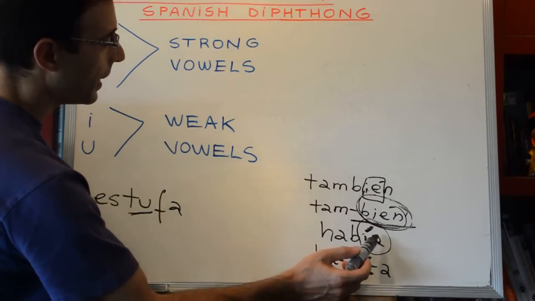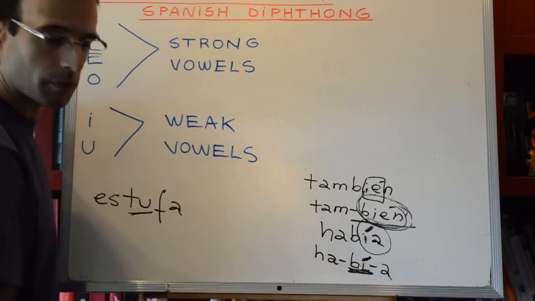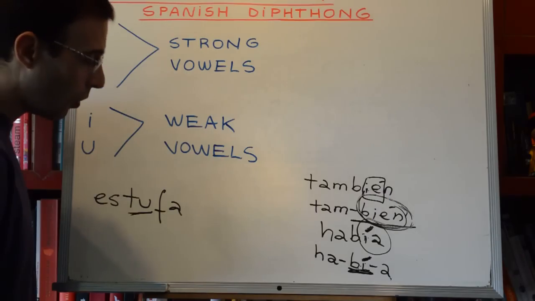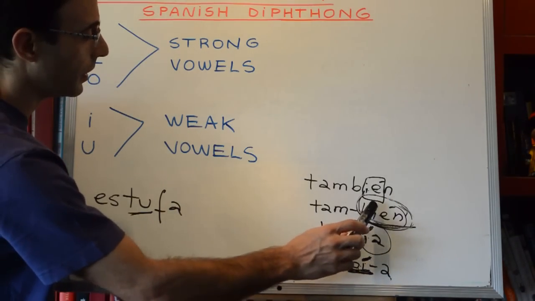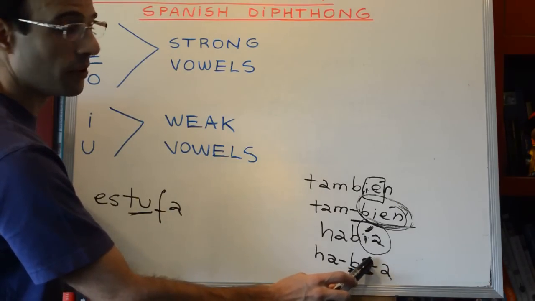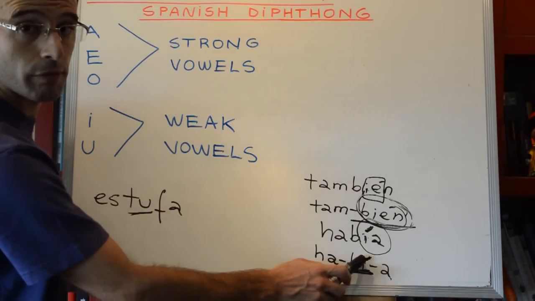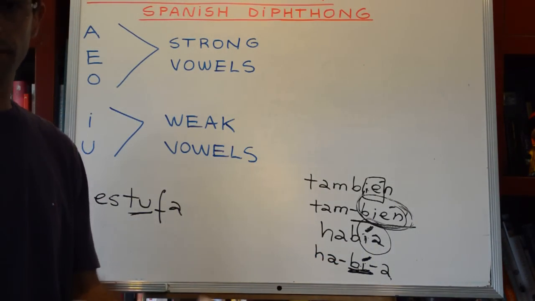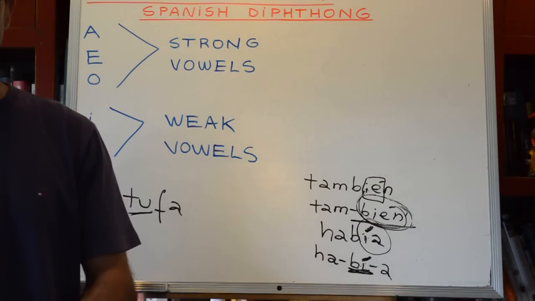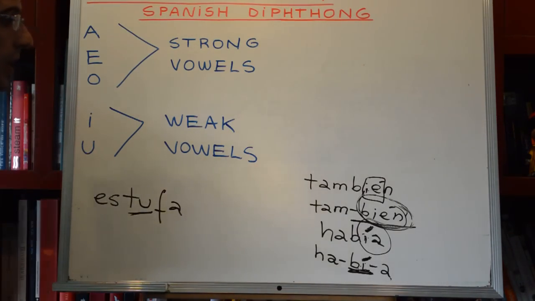So, I and A are separated in two different syllables, right? Why? Because we have two strong vowels together, right? I with tilde and A, and the first one of both is a stressed vowel, right? It has the accent, the stressing of the word.